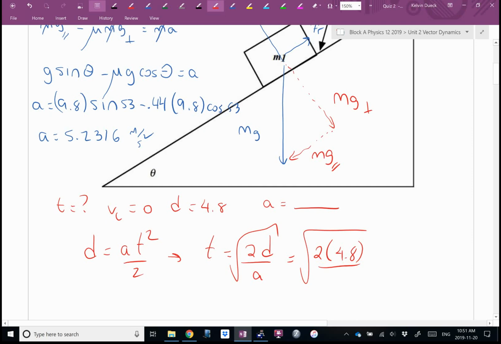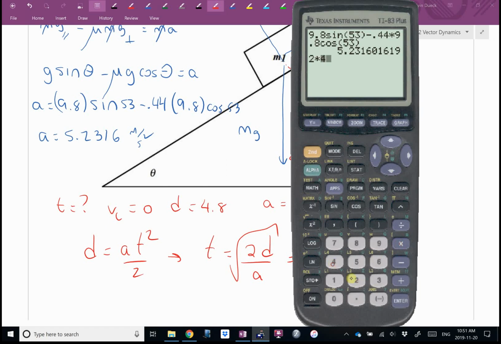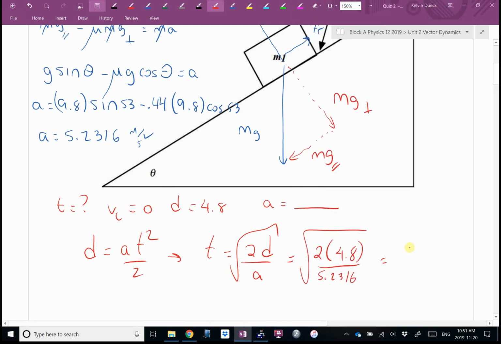Do I need to make a negative here? I don't think so, because that would give me a negative square root, and that would lead to a problem. Oh yeah, I'm not slowing down, I'm speeding up. So 5.2316, although I'm going to use my answer button. 2 times 4.8 divided by answer button. Square root of that. Do y'all get 1.35 seconds, 1.4 seconds?